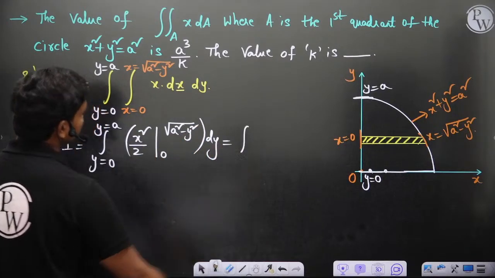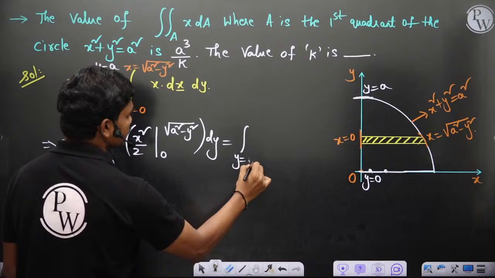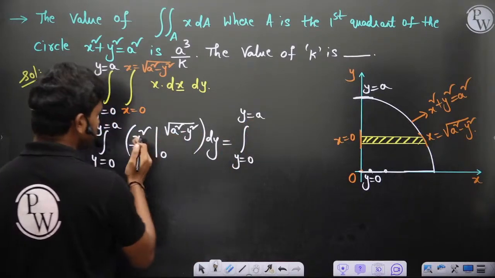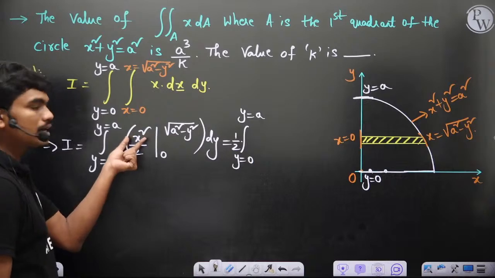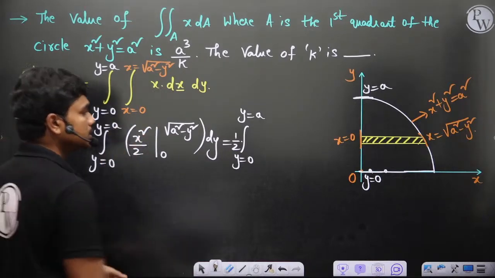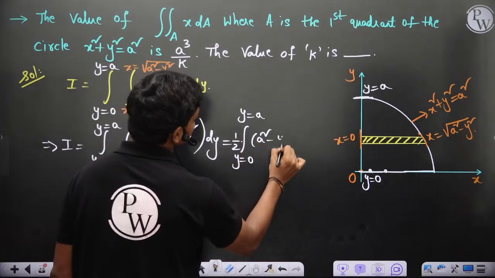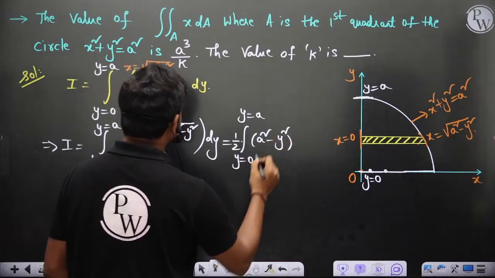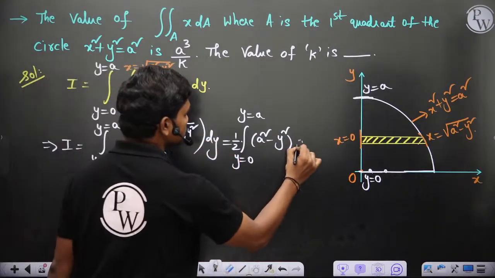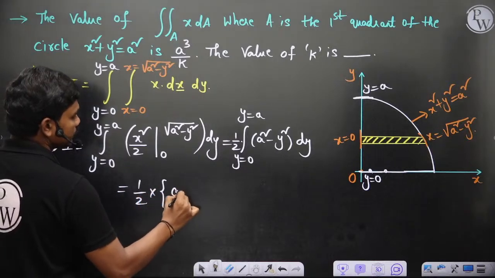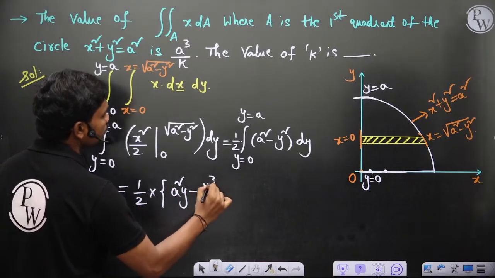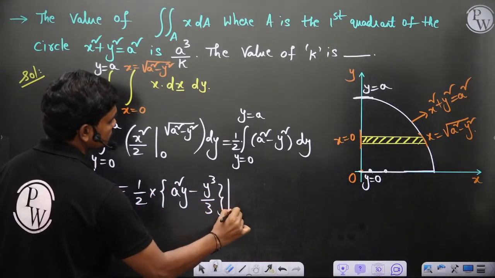So what does this give you? Y equal to 0 to y equal to a. This 1 by 2, I can pull it up, so 1 by 2 times, now when you substitute the limits, root of a square minus y square whole square is just a square minus y square, and when you put x equal to 0, the lower limit is 0, so dy. Let's integrate this: half times a square y minus y cube by 3 within the limits 0 to a.